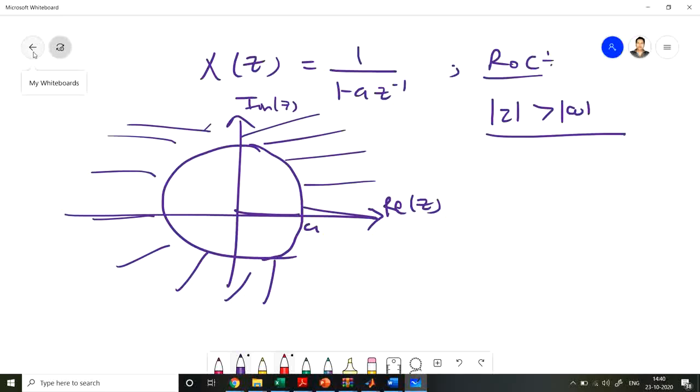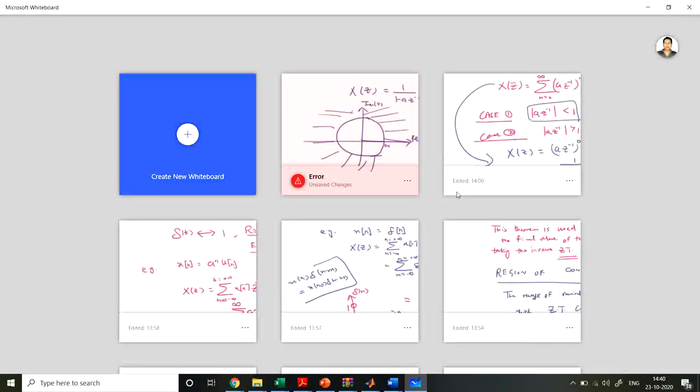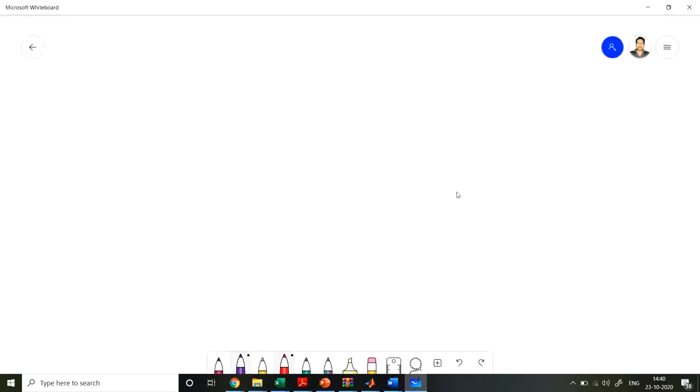Let us do the z transform of some basic sequences. So let us do the z transform for this sequence. This is the example: x[n] is given as 5, 3, minus 2, 0, 4, 3.